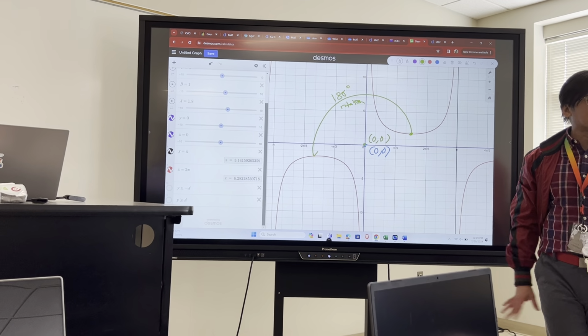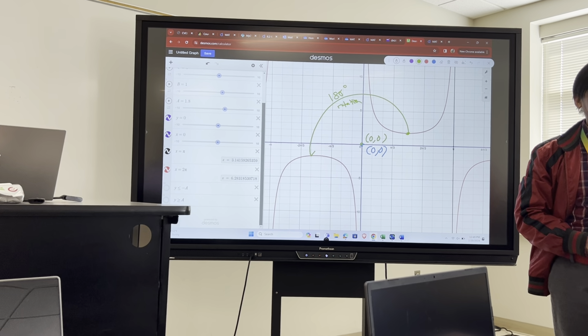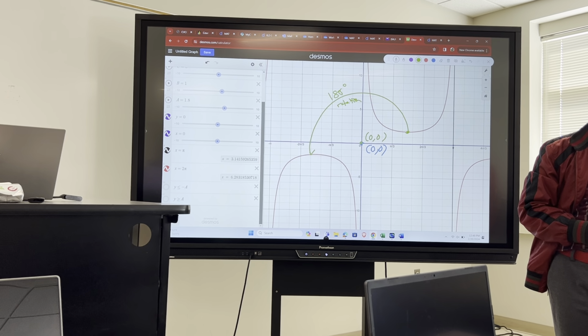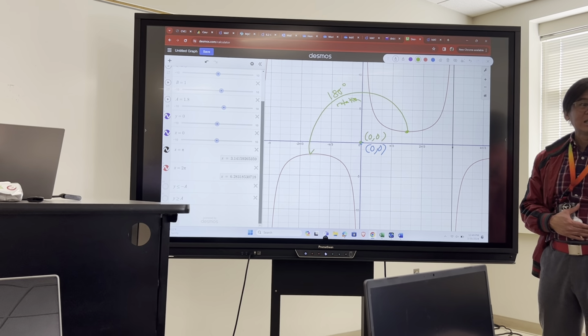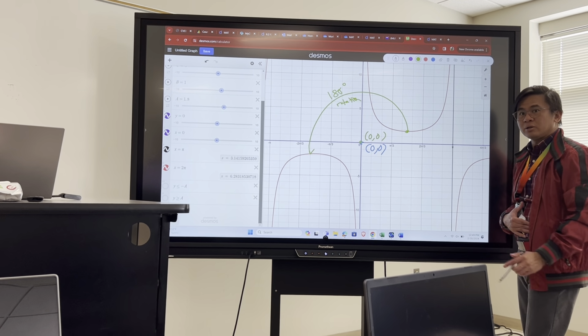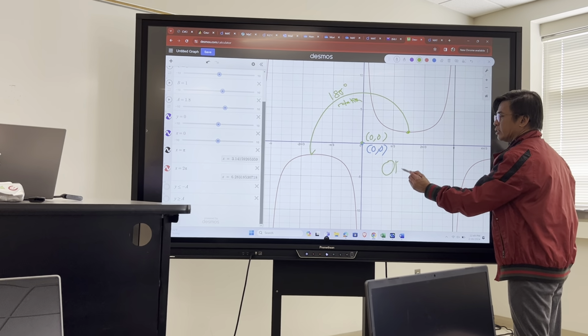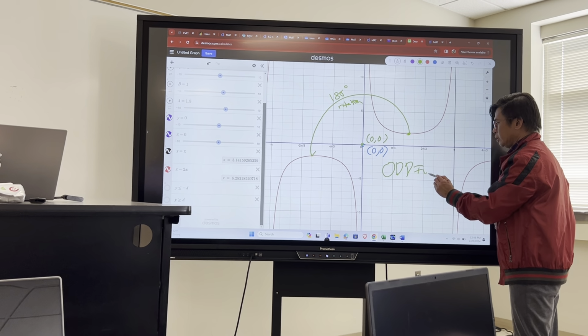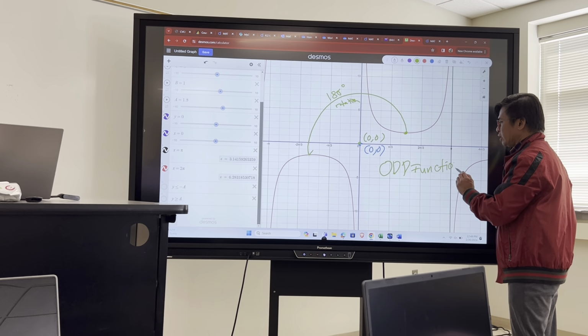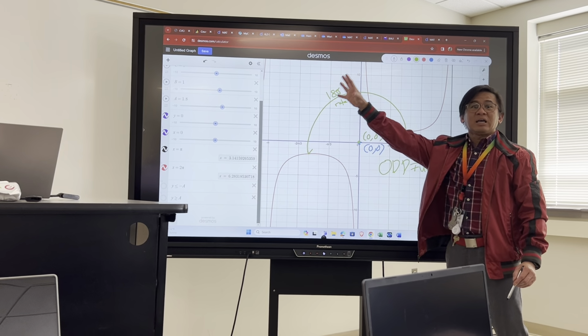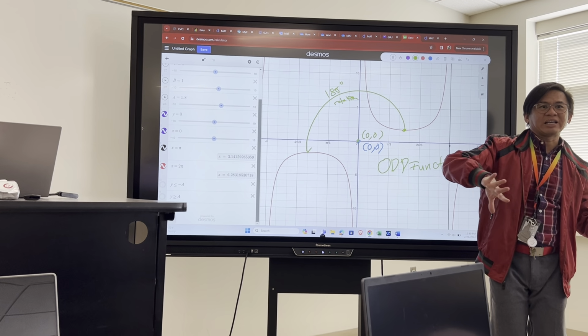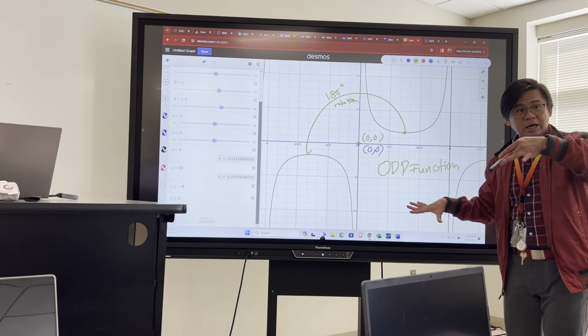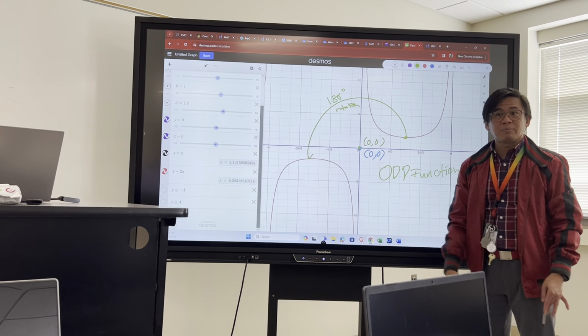With that being said, what kind of function is cosecant? Is it odd or even? If it's a 180-degree rotation, it's odd, right? Good. It's kind of like an about turn: if you about turn, a 180-degree rotation gives you the second half.